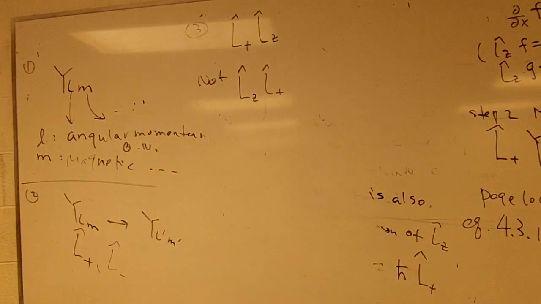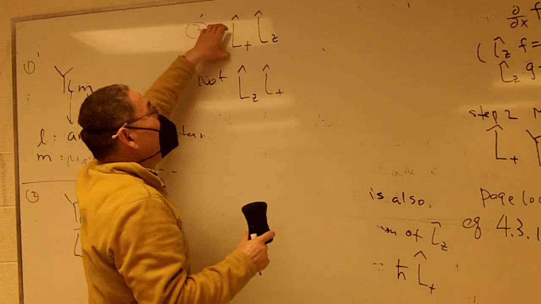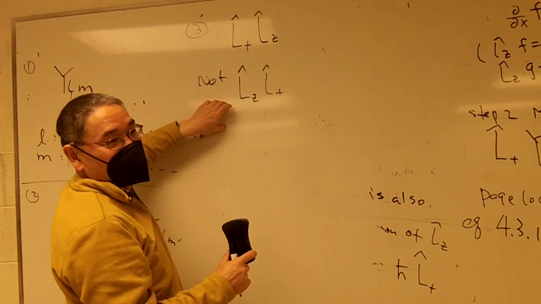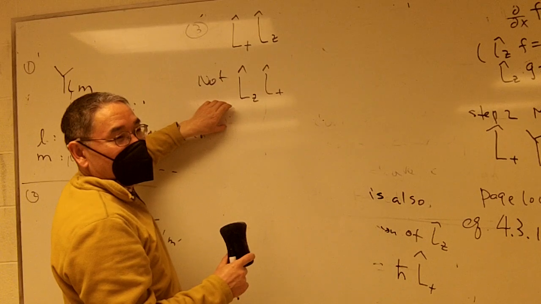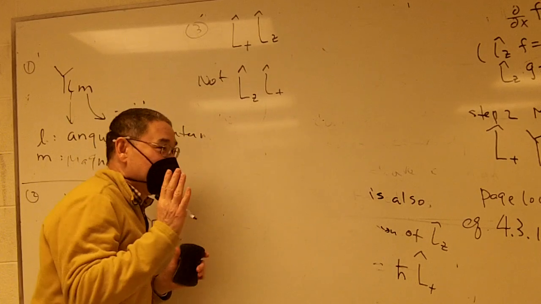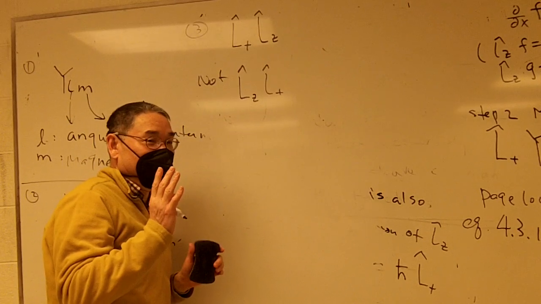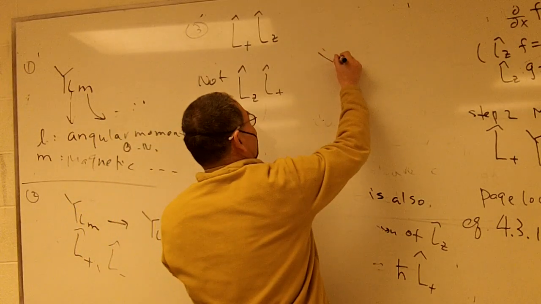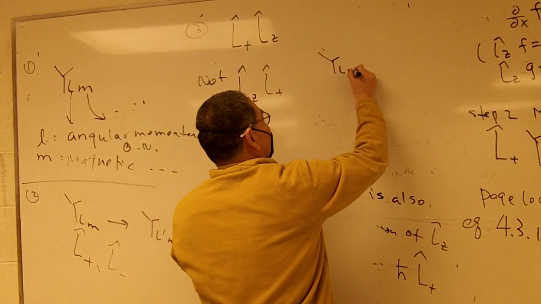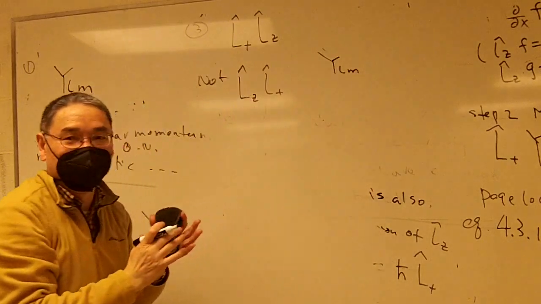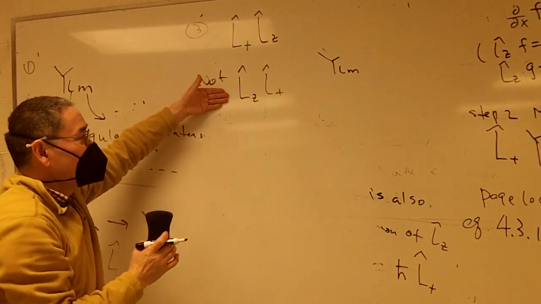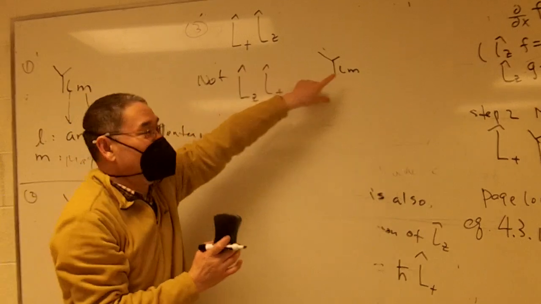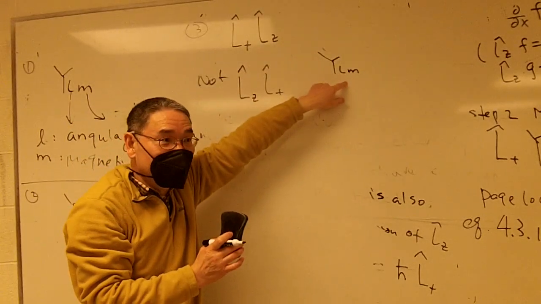You remember? What's the reason? Aisha, why do we use this instead of this? They're not permutable, and what's the other reason? Let me give you a little hint. What happens if I apply this onto Y_lm? Do we know the result of this operator upon Y_lm?